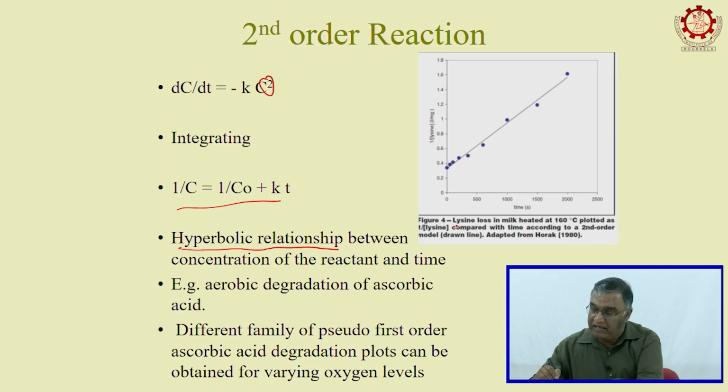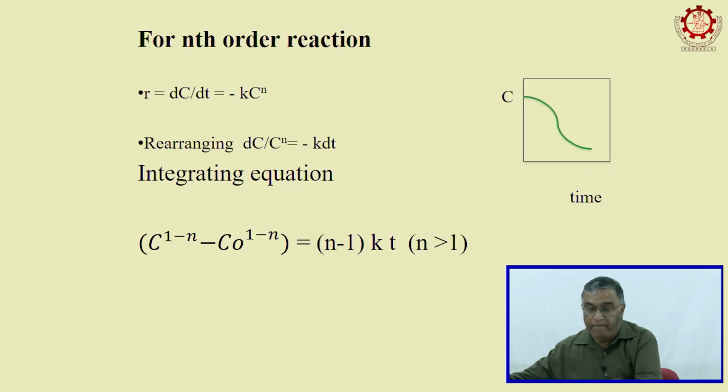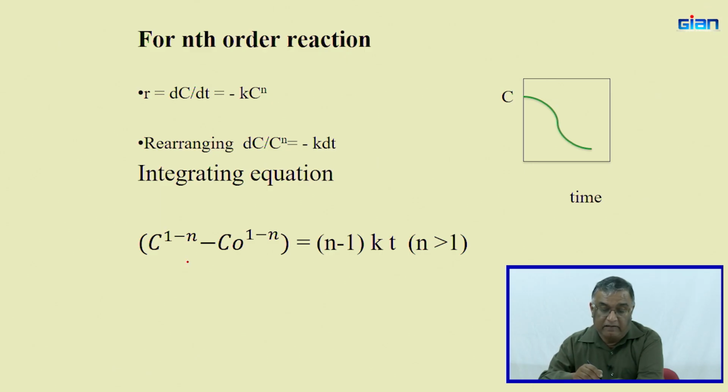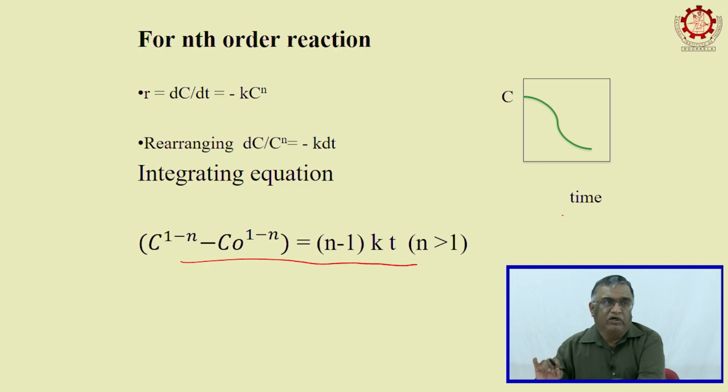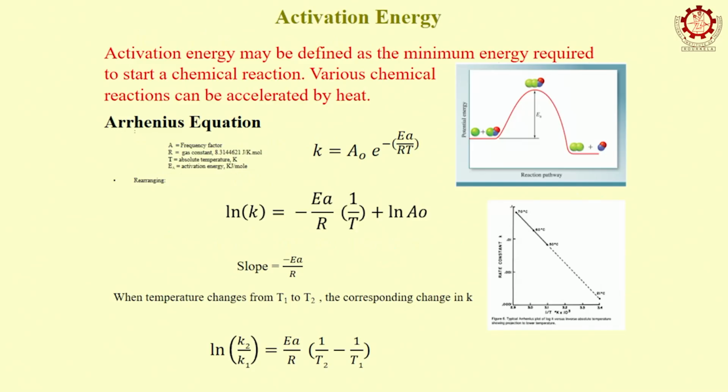One example is lysine loss in milk. And for the sake of completeness, you can think about nth order reaction, which can be related like here. But more commonly, zero and first order are much more common in food process operations.